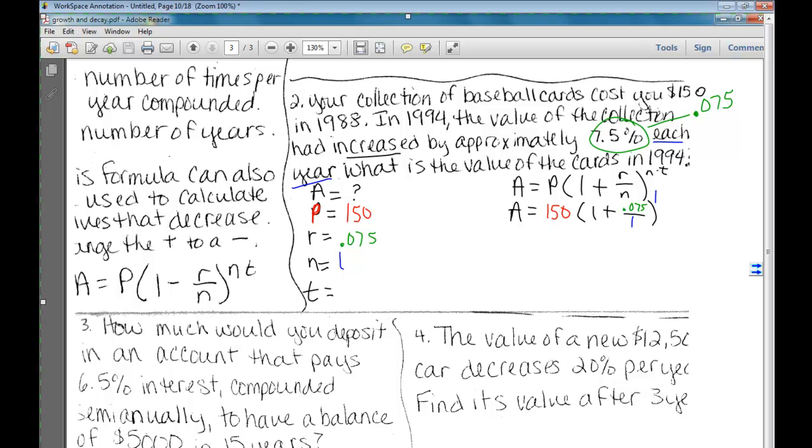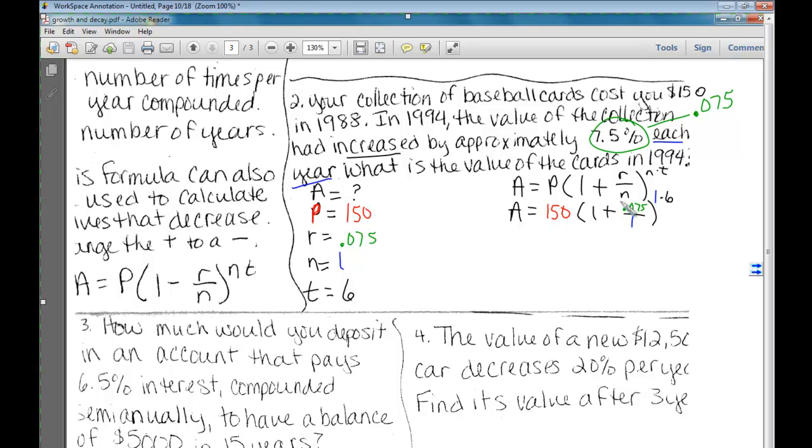And time, we have to find, because it doesn't say exactly the time, but we do know that we started in 1988 and end in 1994, so there's 6 years there between those. So there is my problem.